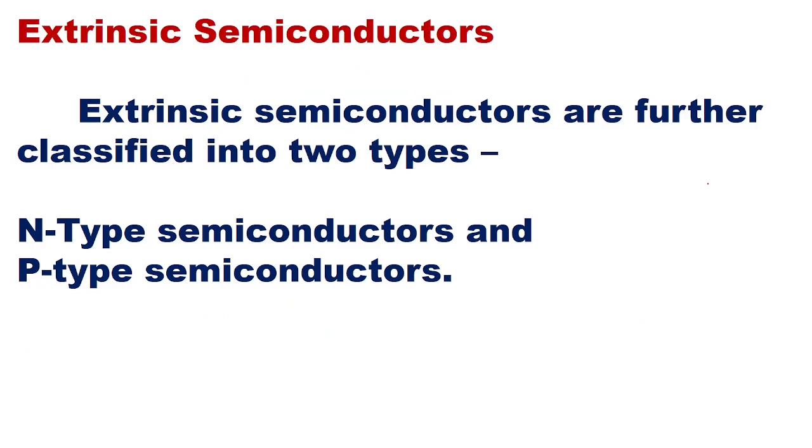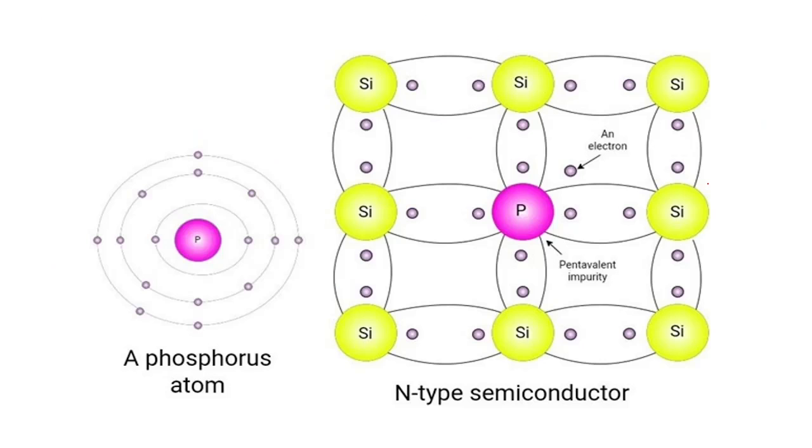Extrinsic semiconductors, we know, are of two types: n-type semiconductors and p-type semiconductors. Let's see first the n-type semiconductor. Here we have a pure semiconductor, silicon, and there are many silicon atoms in the lattice shown above. To this set of silicon atoms, we will add a single phosphorus atom.